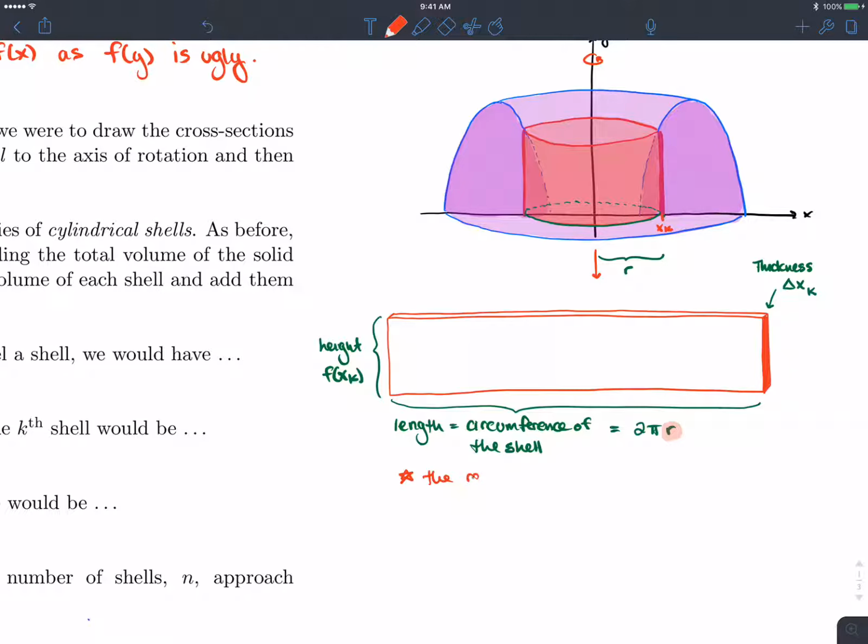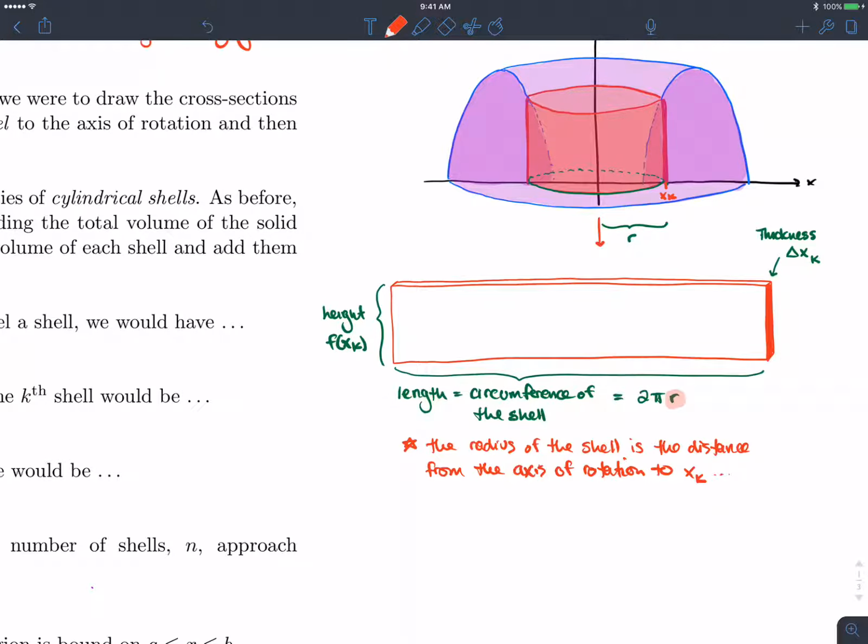So the radius of the shell is the distance from the axis of rotation to x sub k, where we drew that cross section. In this case, that distance is just x sub k. That's how far we would have to travel to get to that point from the y-axis.